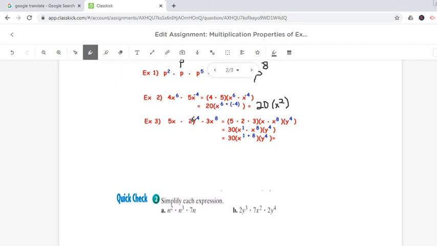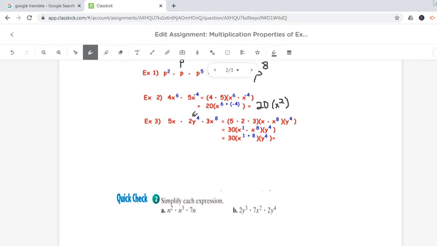Next, 5x times 2y to the 4th times 3x to the 8th. Okay, so we will group the bases that are the same. So these are all numbers, 5, 2, and 3. So they will all go together. And then we have the x's right here. So we put the x's together, x to the 1 times x to the 8th.